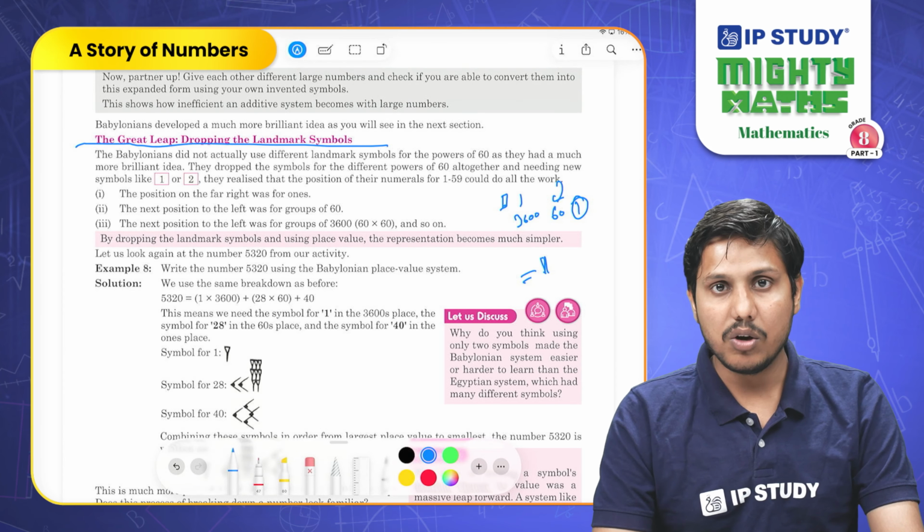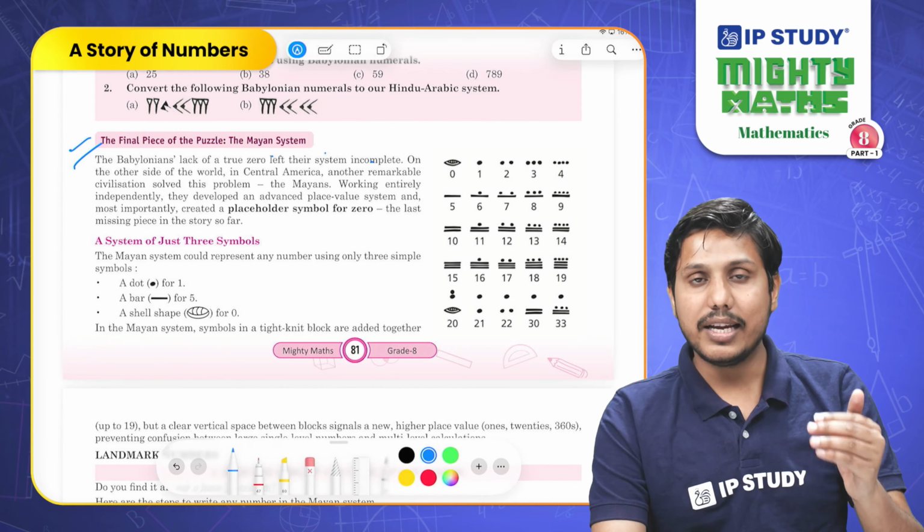Okay. Now after this we have one more place value based number system, which was the Mayan number system, which has a special symbol for 0. This made it easier to understand that a place value has 0 as a number, because in the Babylonian number system there was no symbol for 0, which made it difficult to understand what is given.